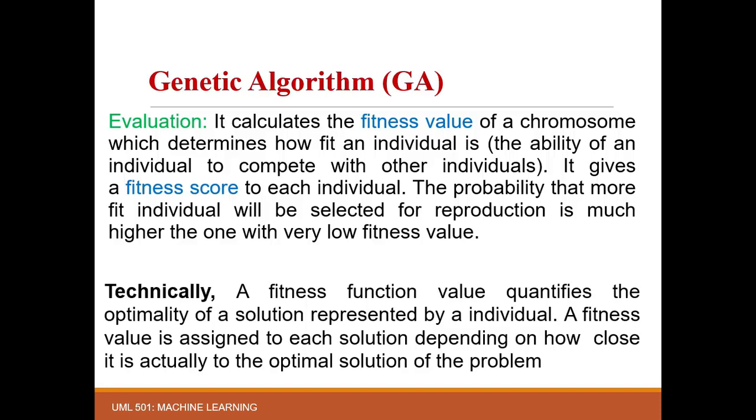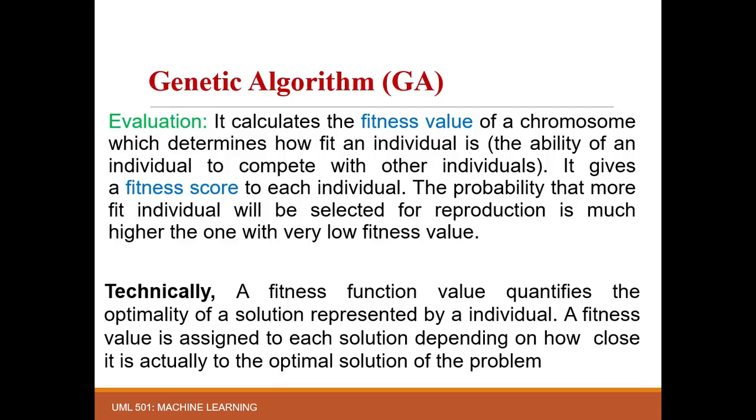Technically, a fitness function is a mathematical function which quantifies the optimality of a solution represented by an individual, that is, how optimal that solution is, because we said that a population is a collection of probable solutions.